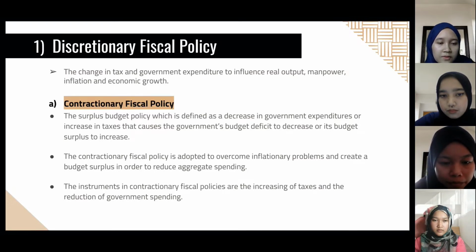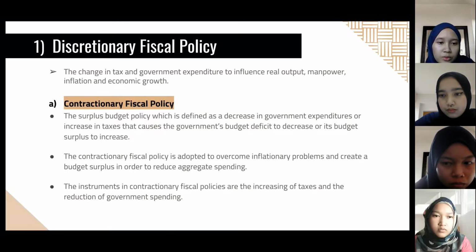The contractionary fiscal policy is adopted to overcome inflationary problems and create a budget surplus in order to reduce aggregate spending. The instruments in contractionary fiscal policy are the increasing of taxes and the reduction of government spending.